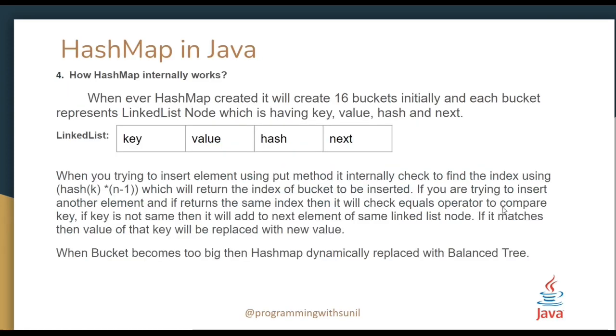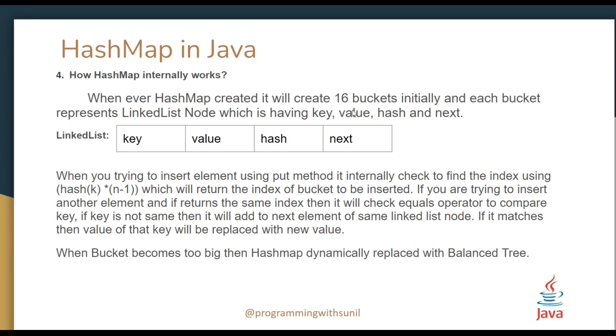Yeah, here actually this is the most important question, and we should know how HashMap is working internally. You will definitely face it in an interview. So I'm trying to cover as much as possible in this slide. Let us take a look. Whenever you create a HashMap, by default it will create 16 buckets.